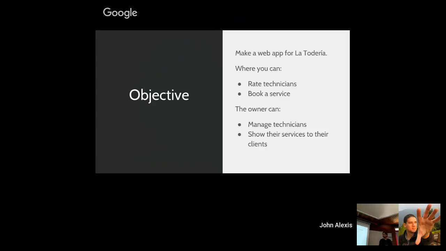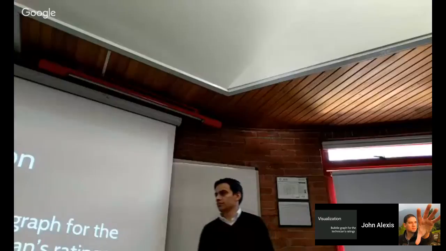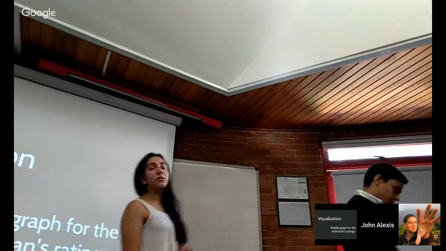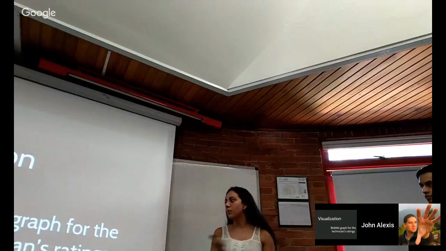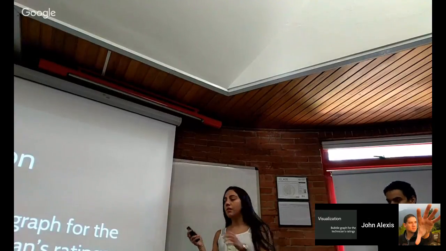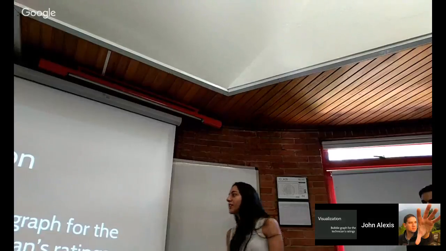We have other functionalities to visualize information about our page for both users and the owner. For the visualization, we use a graph for the technicians' ratings, so people could see how they work.